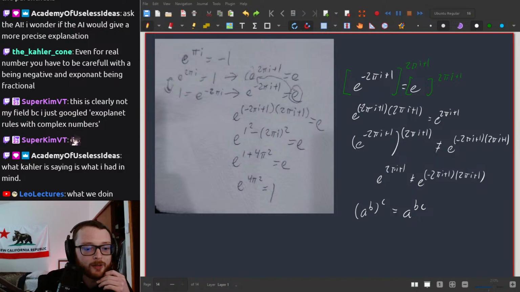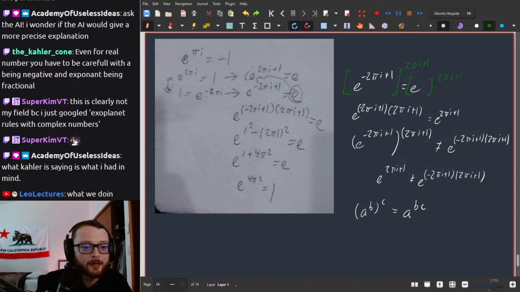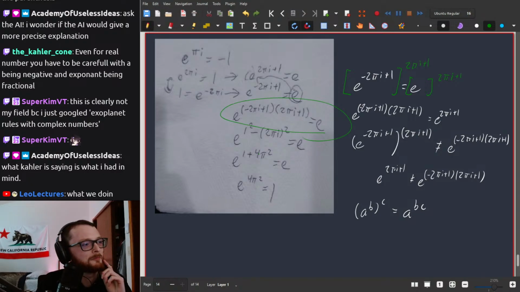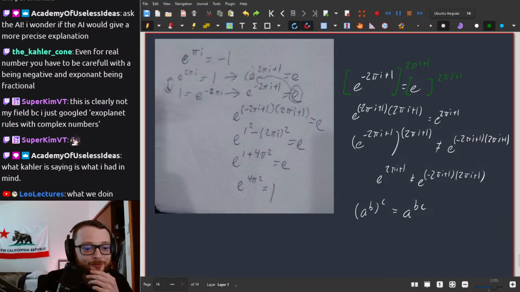What's on the screen is a fake proof that pi must equal 0. The challenge was to find the error in it, and I think we figured it out. I think it uses a bad exponent rule when it raises each side to the power of a complex number.